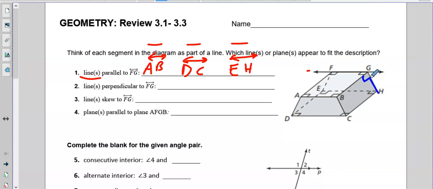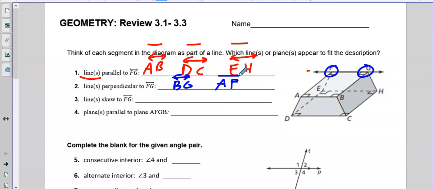Right? Therefore, we cannot assume that. So the only place we see a right angle is here and here. All right? So that means BG and AF. And again, I will accept lines or segments, either one. So BG and AF are perpendicular to FG.